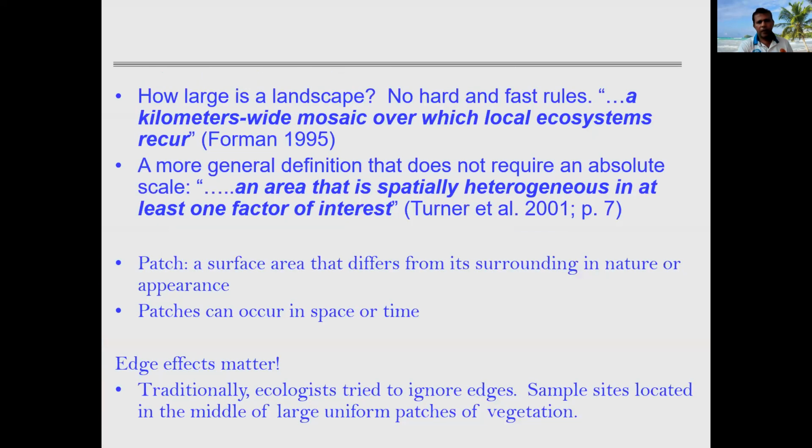Another important thing that we need to consider in ecology, especially at the ecosystem level, is what we call the edge effect, right? I'm not too sure again whether you have heard about this term, edge effect. And I'm not too sure if there is a single term for this as well.